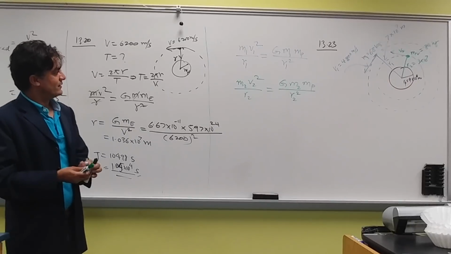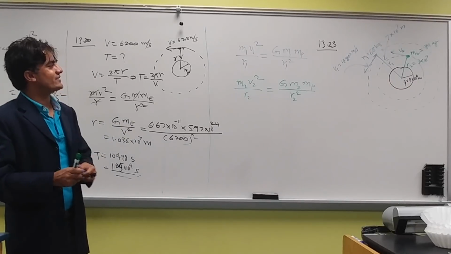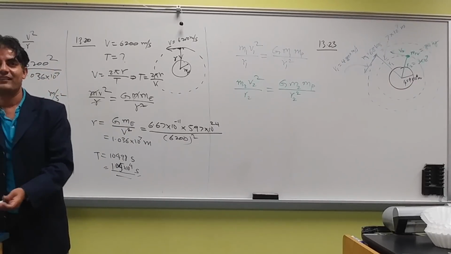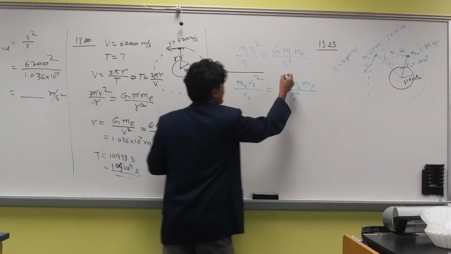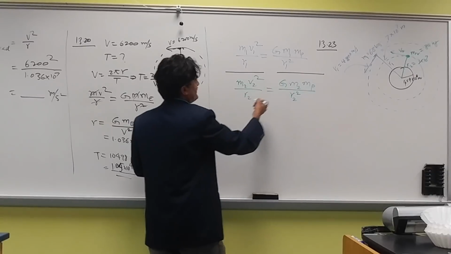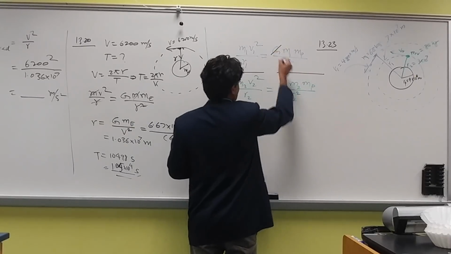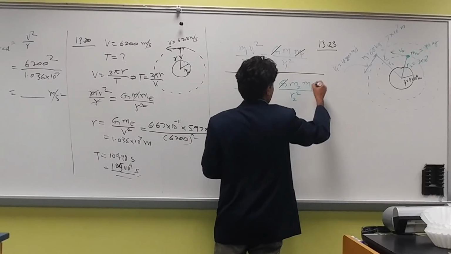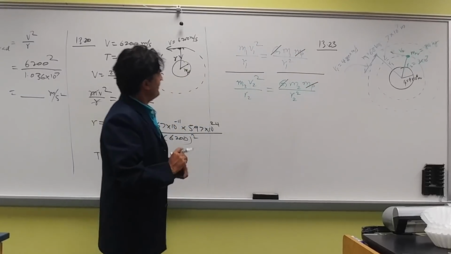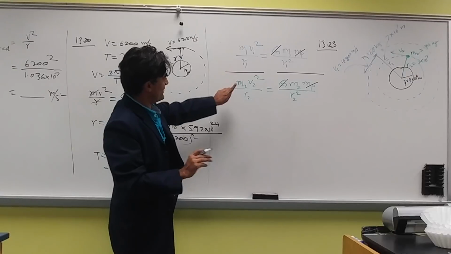How do you solve this? What I would do is just divide. That's easier, isn't it? So that you can cancel. If I divide these two equations, what happens? This guy will cancel. The mass of the planet is gone. m1, m2, v squared. What else is gone?